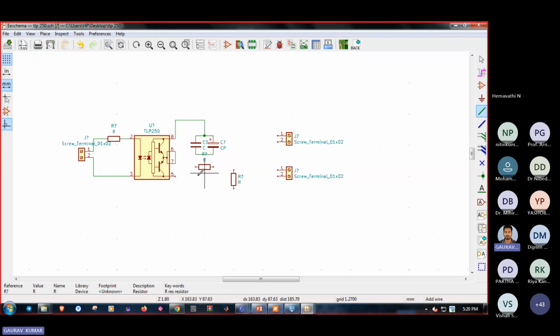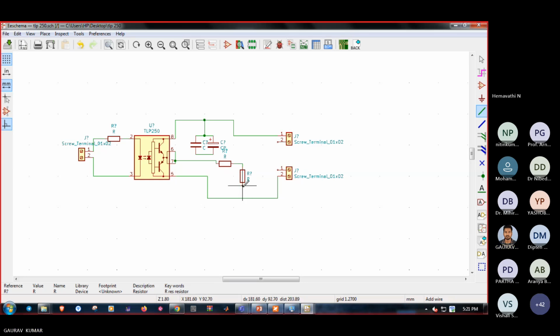The 6 and 7 terminals are shorted, so you have to connect them. The output resistance is connected between the 6 terminal and 15.